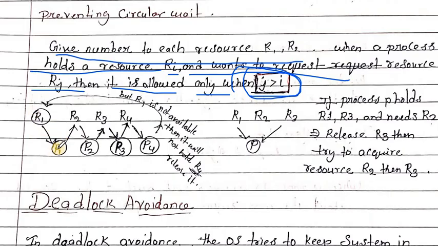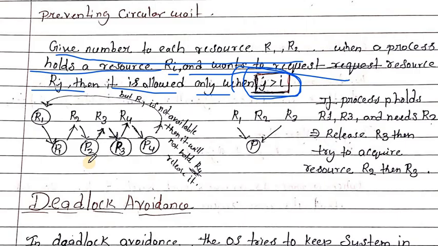When the process is holding R1, it can only request R2, that is, a higher-order resource whose value is higher. There is R1, then R2.